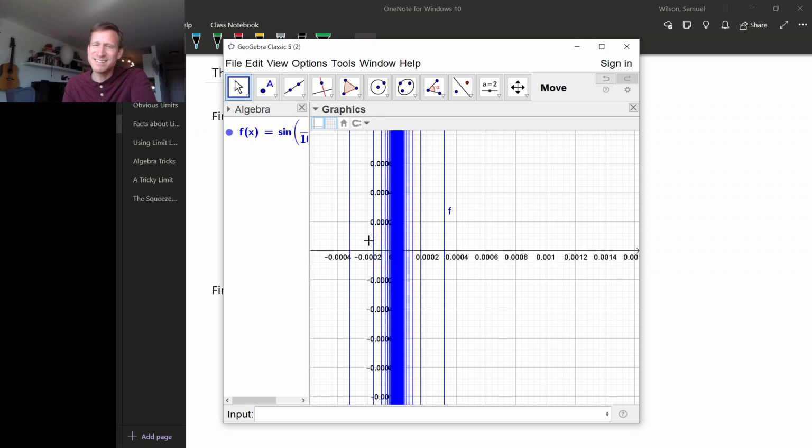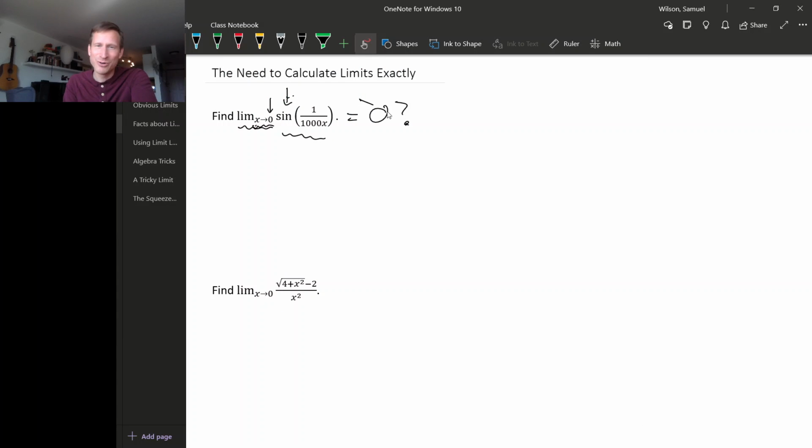So as we approach x equals 0, this function isn't settling down on a single height. And so our initial guess of 0 was totally wrong. This limit doesn't exist at all. Okay, so lesson learned. If we're going to use a graph, we should zoom in, at the very least.